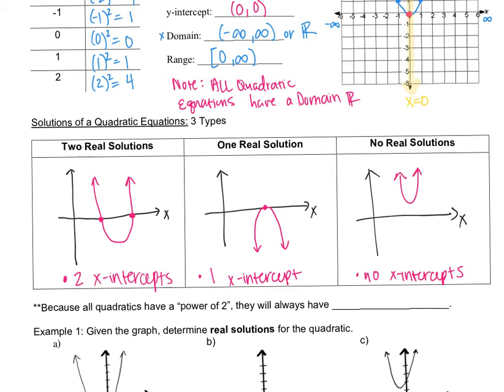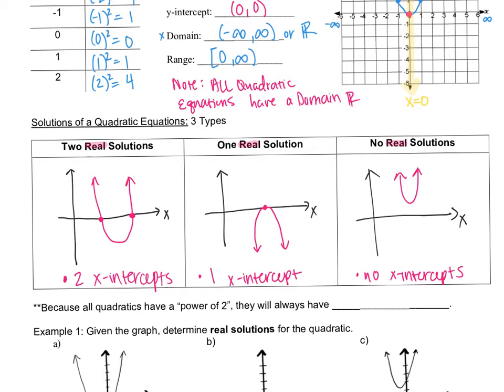Now, I do want to mention another thing here, and I'll bring it back to light later on in this chapter. But you'll notice here that I've stated real solutions. When we're doing this interpretation, the only way we can see how many solutions there are is by looking at the graph. Because you can actually see where it crosses the x-axis, these are what we call real solutions, because you can see them on the graph.